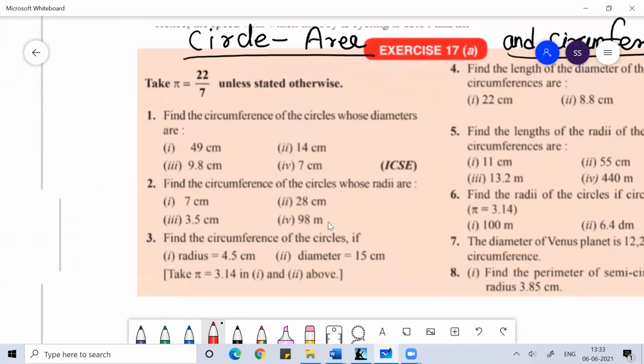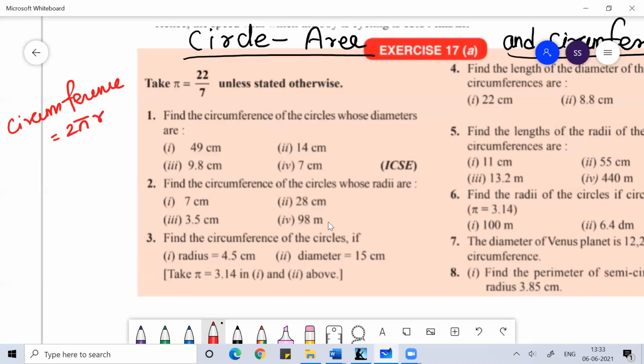Question number 1. Find the circumference of the circle whose diameter is given. If the circumference formula is 2 pi r in terms of radius, what would be the formula in terms of diameter, Dhoni?